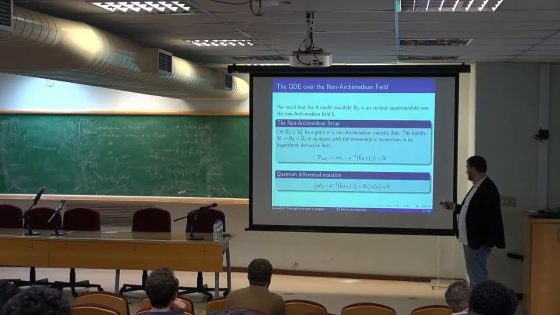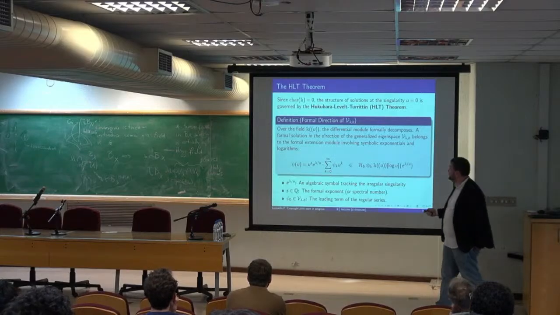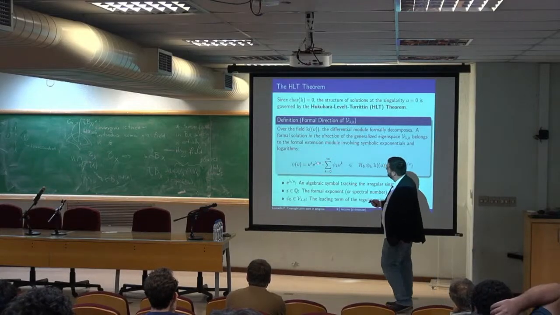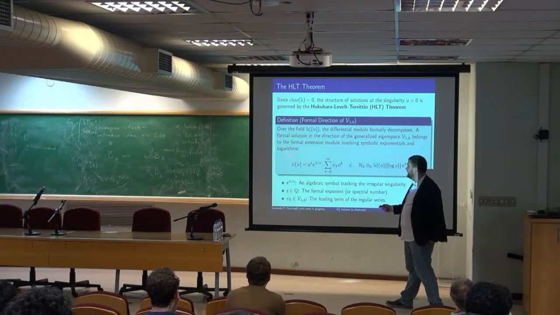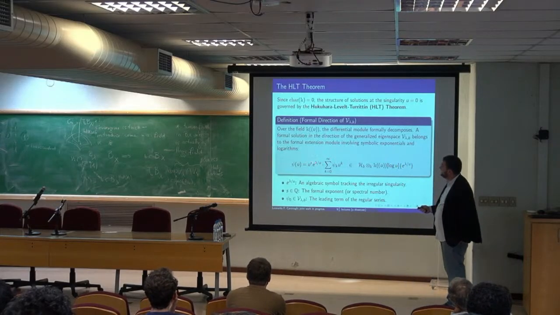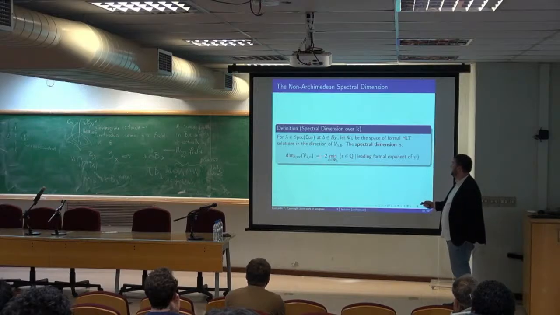And you solve this by means of an ansatz. The ansatz also has as next point your eigenvalue. And when you look at this leading term, this S here, then you can actually define a dimension by looking at all the possible solutions.